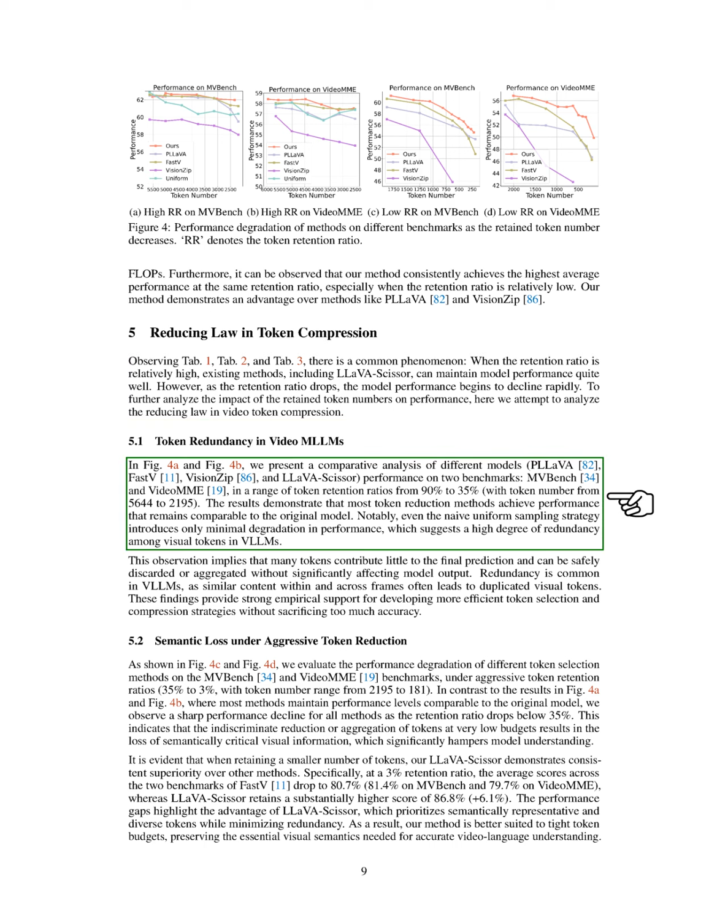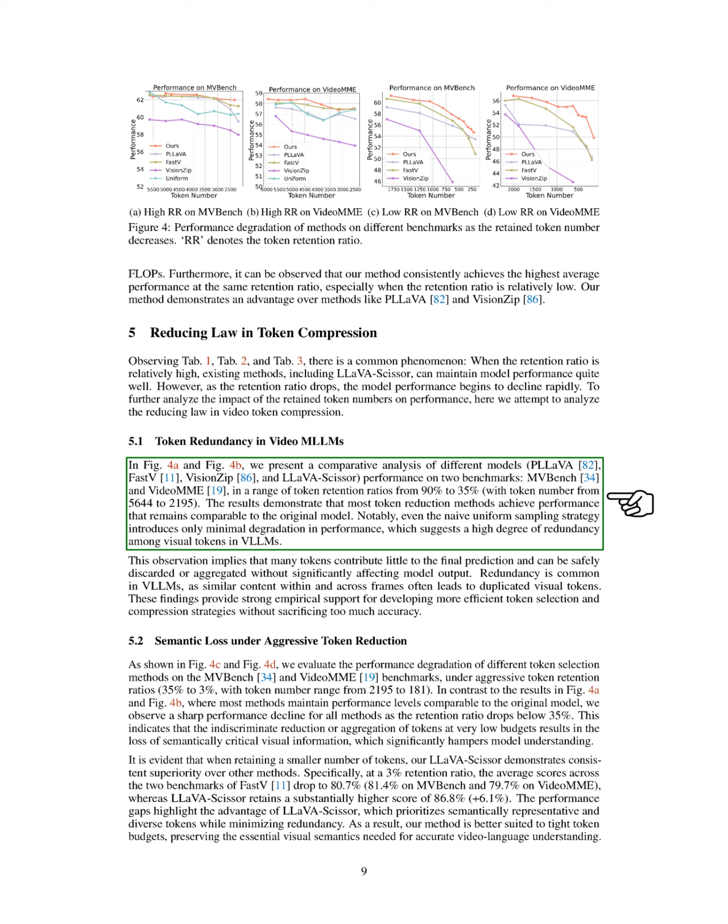In our comparative analysis of different models on benchmarks like MVBench and Video-MME, we find that most token reduction methods maintain performance close to the original model, even with a naive sampling strategy. This suggests a high level of redundancy among visual tokens in video language models, indicating that many tokens contribute little to predictions and can be discarded without major impact.